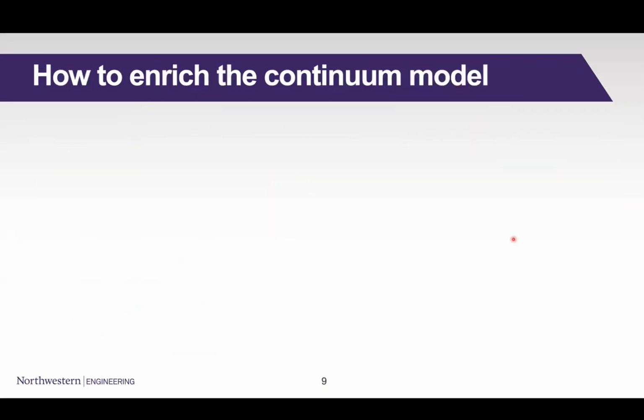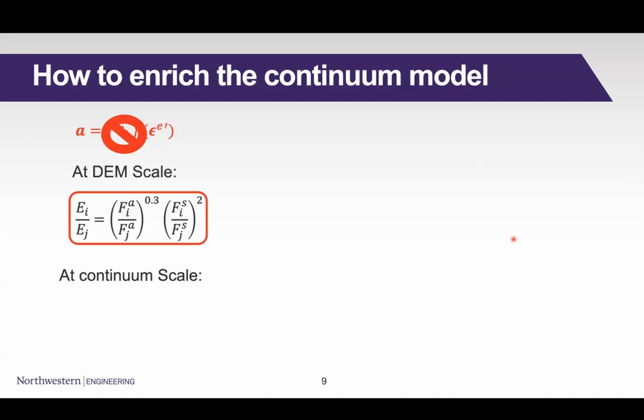Now the question comes: how can we enrich the existing continuum model? To do that, we cannot use the same fabric definition that we have used before, and therefore we use the DEM scale expression that we derived before, and the previously used expression for continuum fabric for spherical particles.